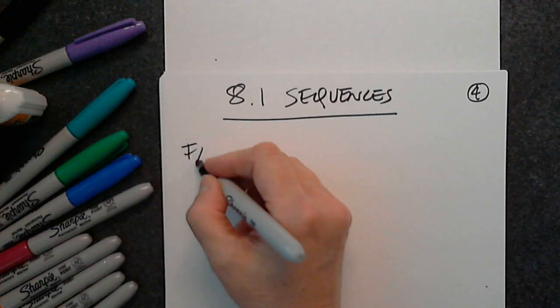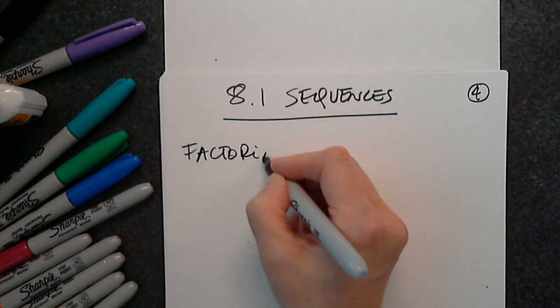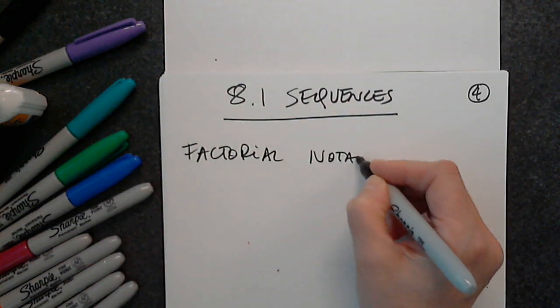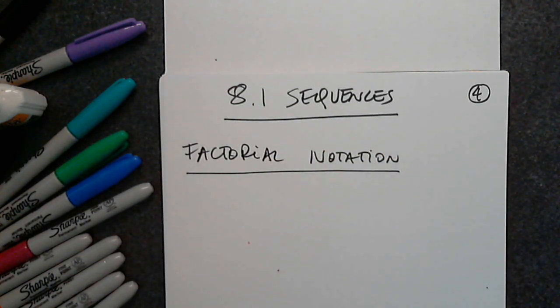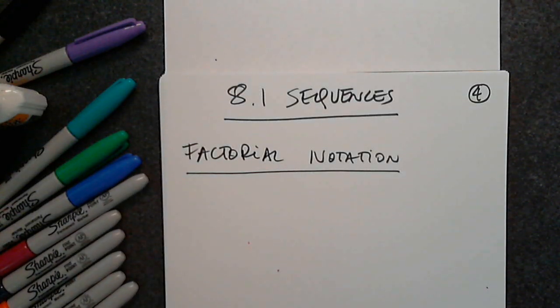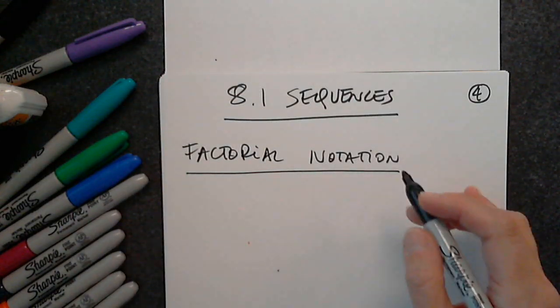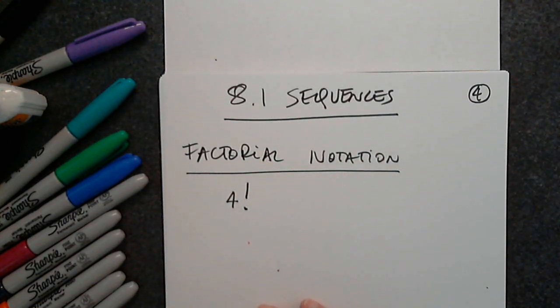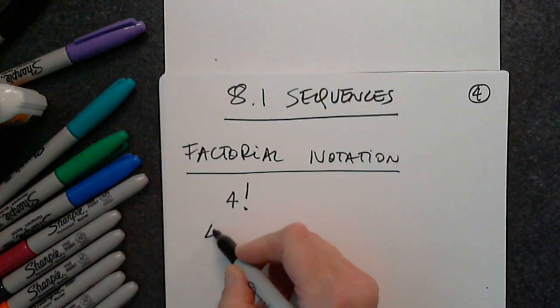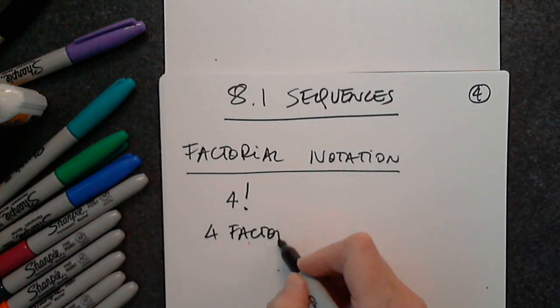It's called factorial notation. And you'll see how this is connected to the topic of this last section. So what does this mean? For example, 4 factorial.